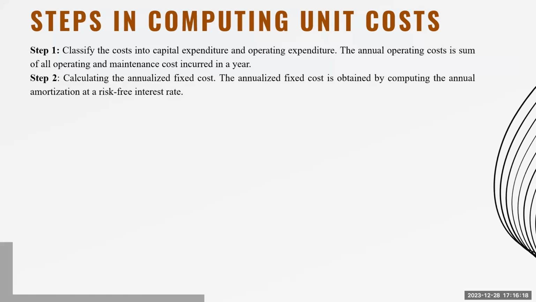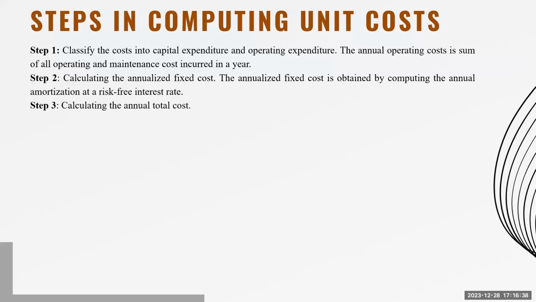We also need to assume a risk-free interest rate, generally acceptable in the economy. Let's say for our purpose, we can take an inflation rate of about 6% or so.